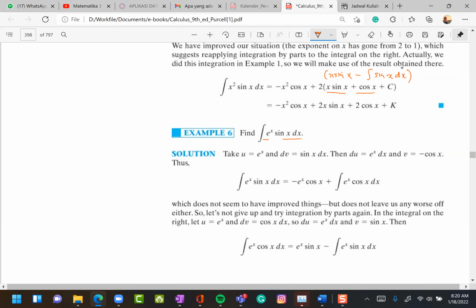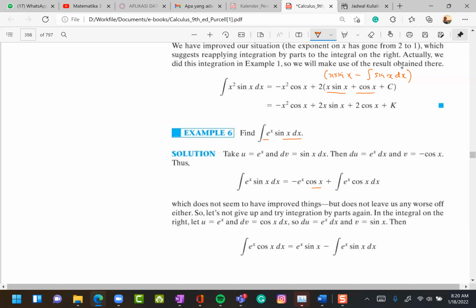Then you substitute into the integration by parts. u times v, so e to the x times negative cosine. And then subtract the integral of v du.